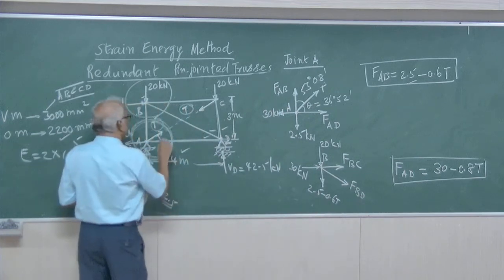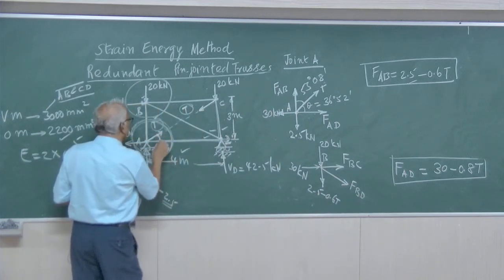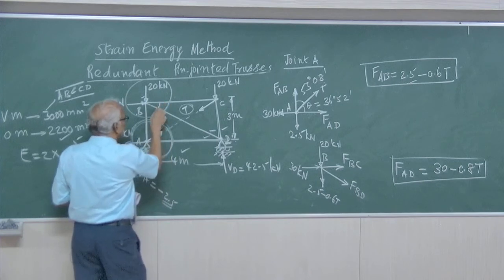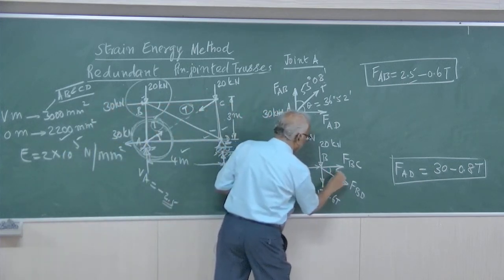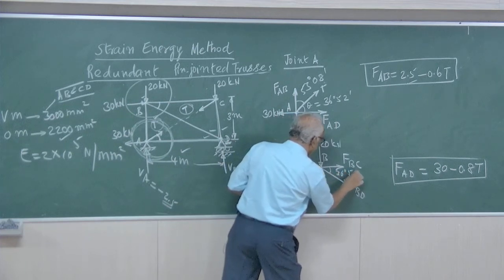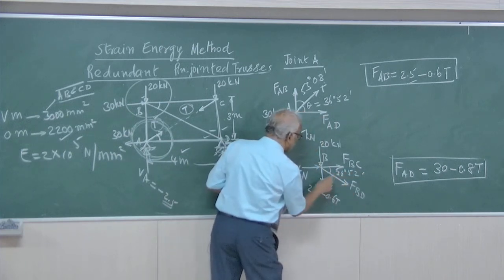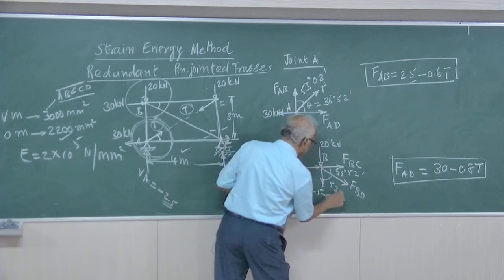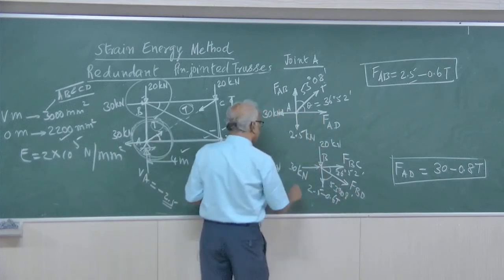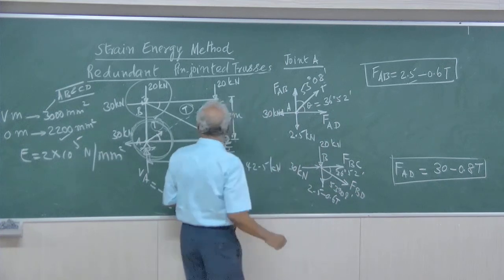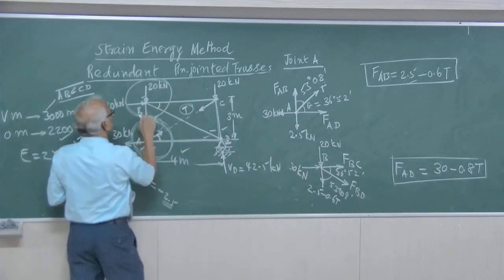When this is 36 degree 52 minutes, this value will also be equal to 36:52. So this angle will be 53 degree 08 minutes.